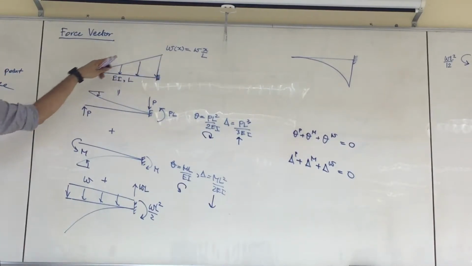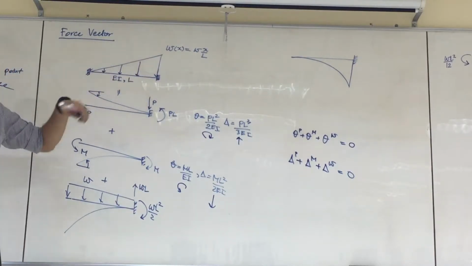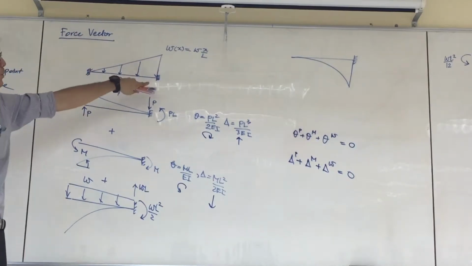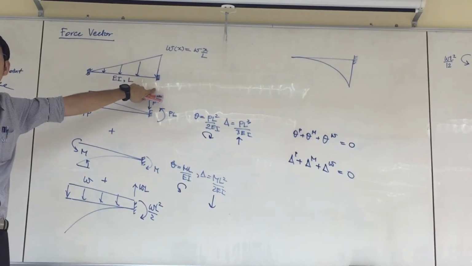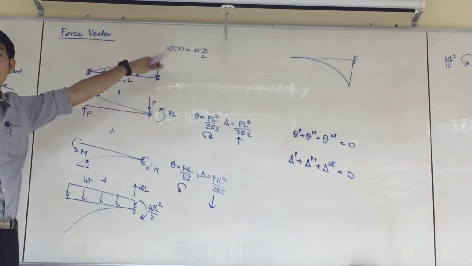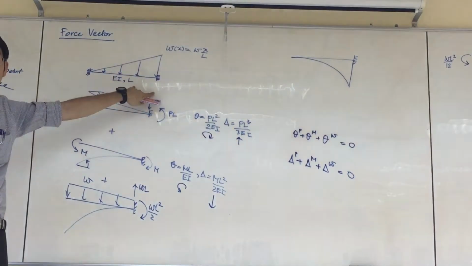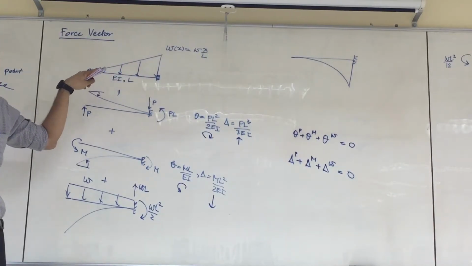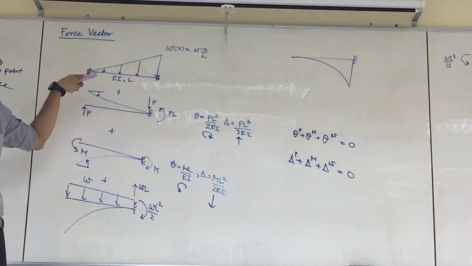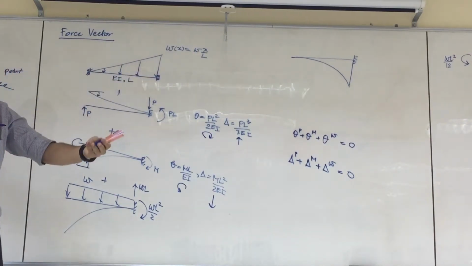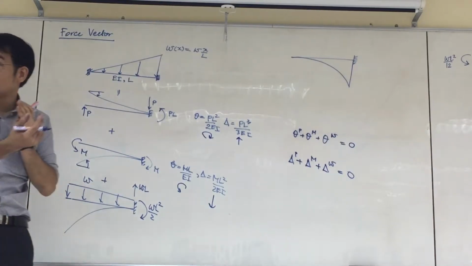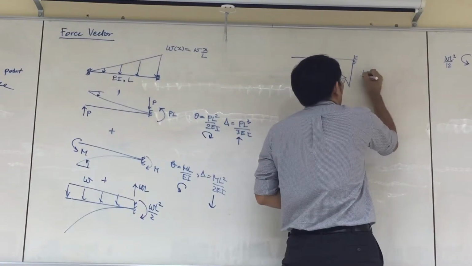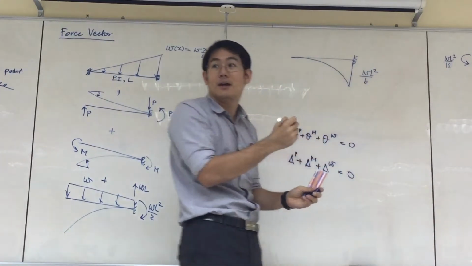Your linear force this way, if you want to calculate the centroid of this total force, the centroid will be located L over 3 from the support, right? The triangular shape, so the centroid is L over 3. How much force have you applied over here? WL over 2, times the L over 3 as the distance from the centroid. You end up with WL squared over 6, right?